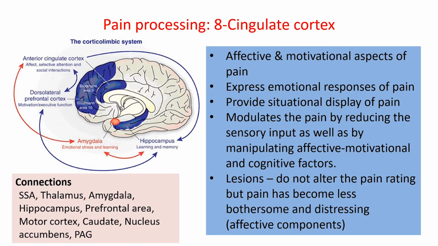What are those affective aspects? That means the one which is producing the behavior. So the motivational aspect is whether that particular pain is producing a certain amount of conditioning. Sometimes in operant conditioning, stimulation of these areas may produce the rats to go for the food pellets.